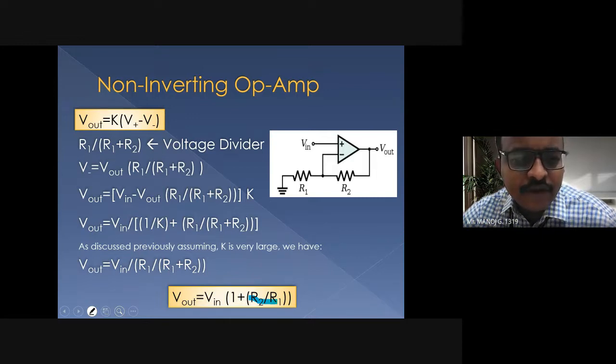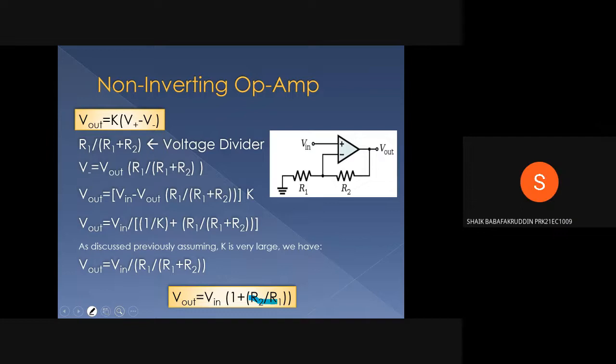Find out the V out of a non-inverting amplifier, given that V in is equal to 1 volt, R1 is equal to 5k, and R2 is equal to 10k.